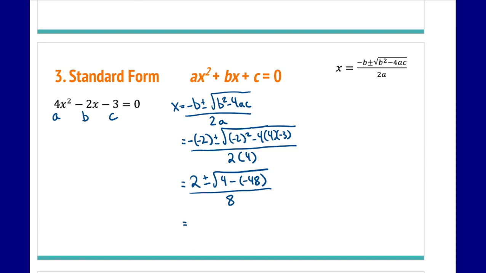So this then becomes 2 plus or minus the square root of 52, all divided by 8. Again, from here, this is where we would split it off into our two parts: 2 plus the square root of 52 divided by 8.